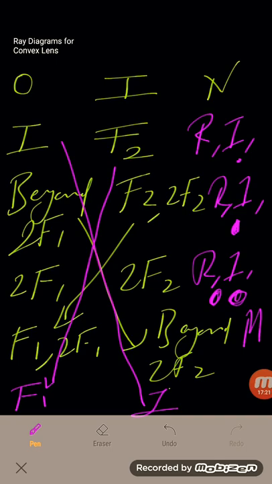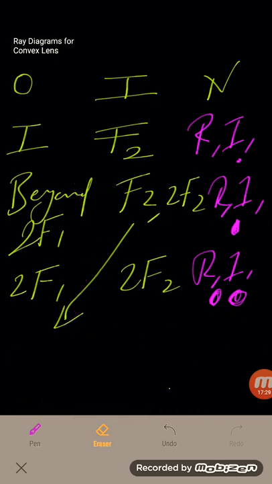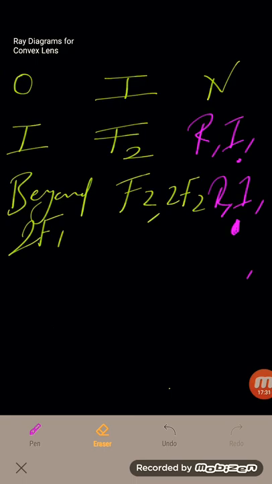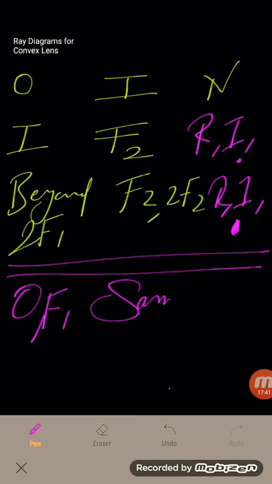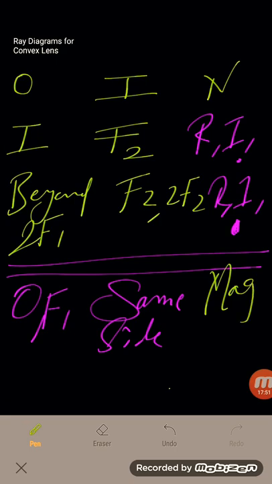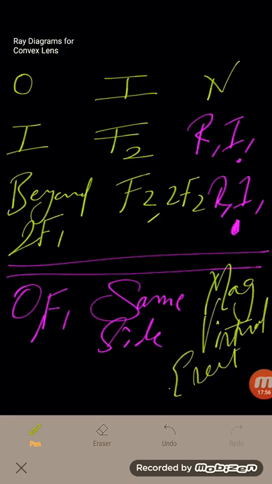Again, in next case, it's highly magnified but inverted. And in our last case, when the object is between O and F1, the image was on the same side of lens, right? And this was special. It was magnified, it was virtual, and it was erect.